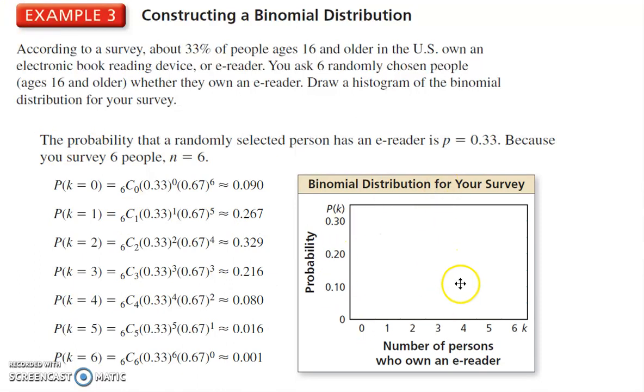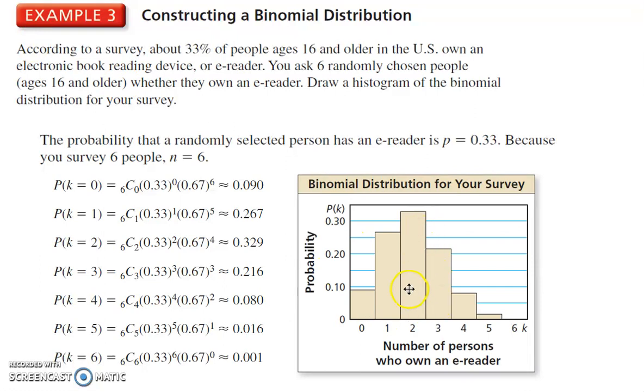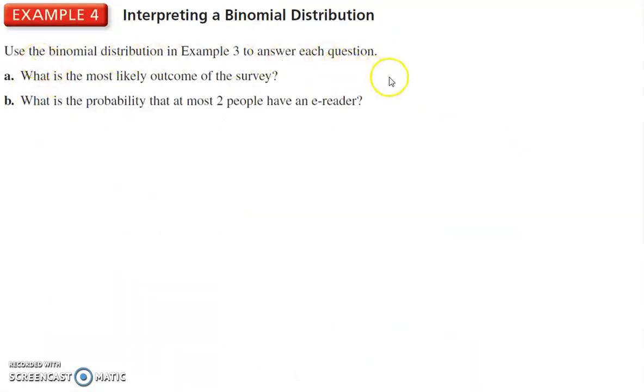Okay, so if I set up my table here, my greatest number is 0.329, so I'm not going to have to go much higher than 0.3, and then fill in my histogram there. And now I can read from this, see which one's the greatest, and that would be 2. I can see that right here too. There's your histogram.